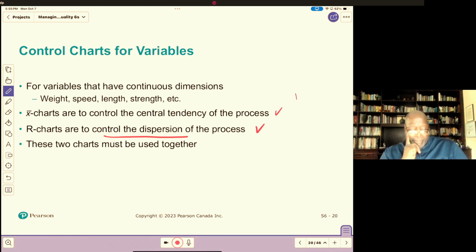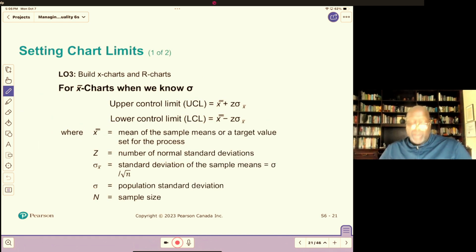Variables are things that we measure, for example weight, speed, length, strength, etc. The X-bar chart helps us control the mean, and the R chart helps us control the spread or the dispersion or the standard deviation. And we generally use those two together.